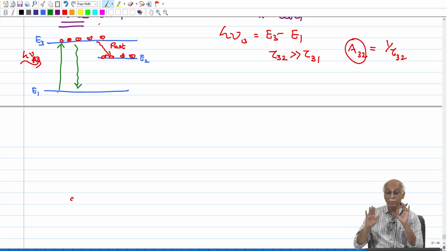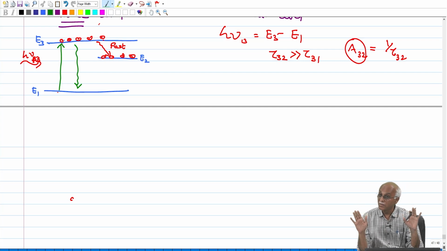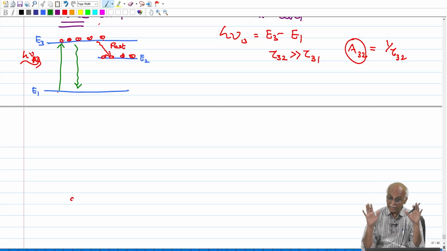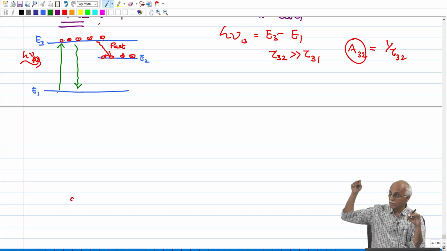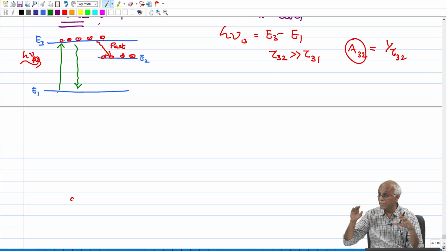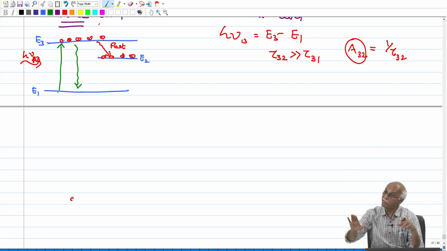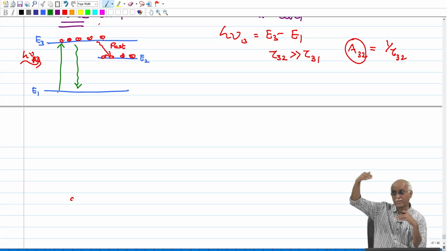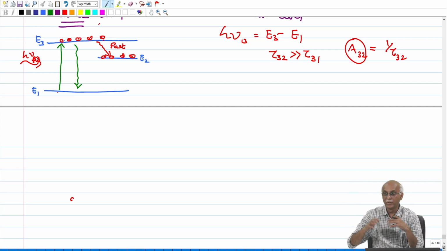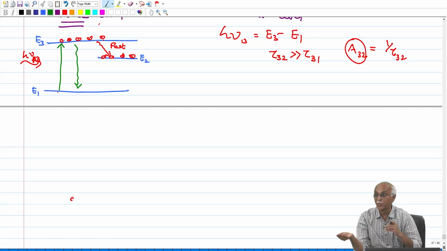Indirect band gap material and direct band gap material, the semiconductor ones, are different from what we are talking about at present. In a semiconductor, electron-hole recombination results in a photon, because the electron loses energy from the conduction band, comes to the valence band, and that energy is converted into photon, light energy.